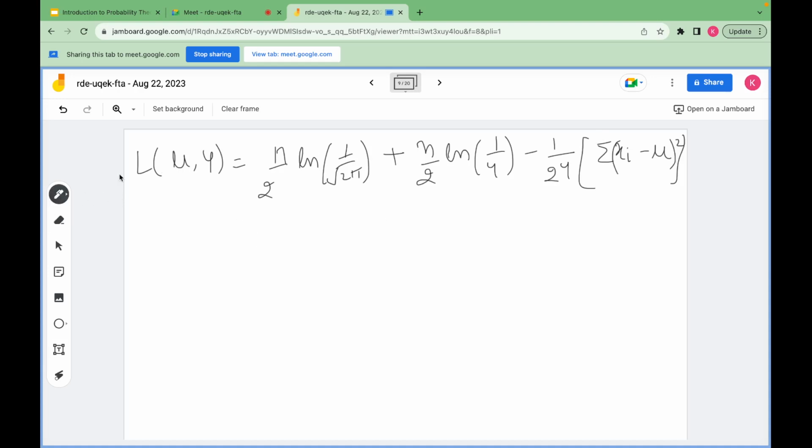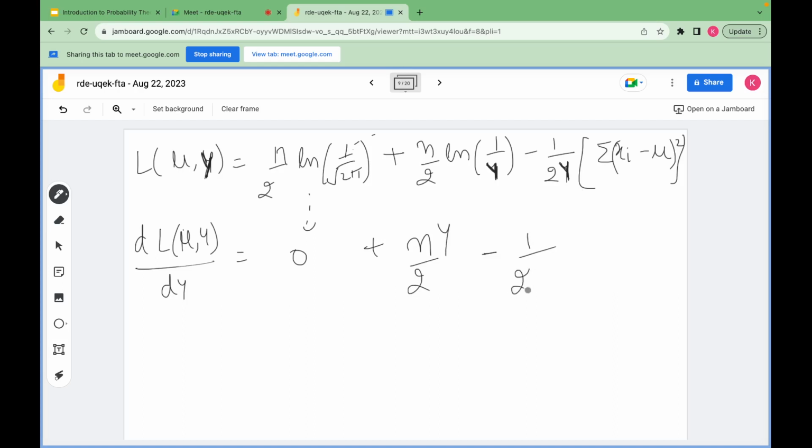Okay, this is y, this is also y, this is y. Now we will differentiate this with respect to y. This term will become 0, plus this will become n by 2 into y.